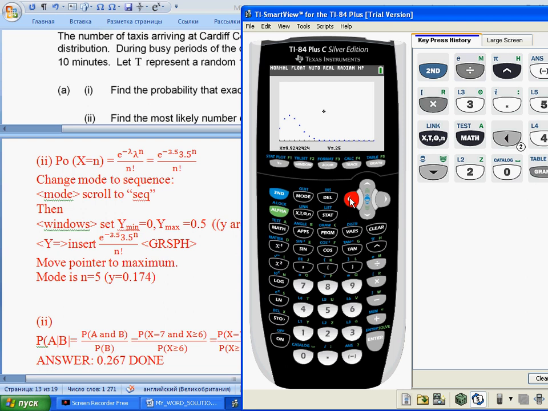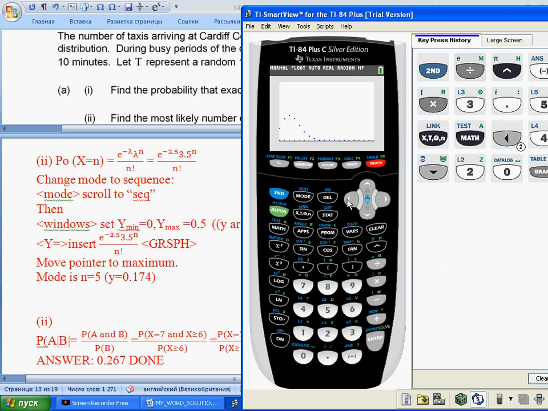So we can find the most likely number. So let's find the most likely number. What if we go to calculate? No, value we don't need.